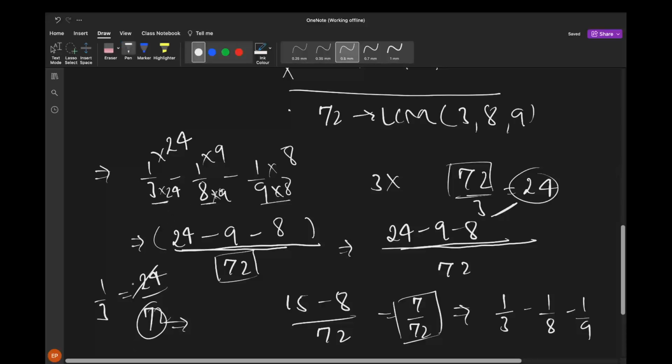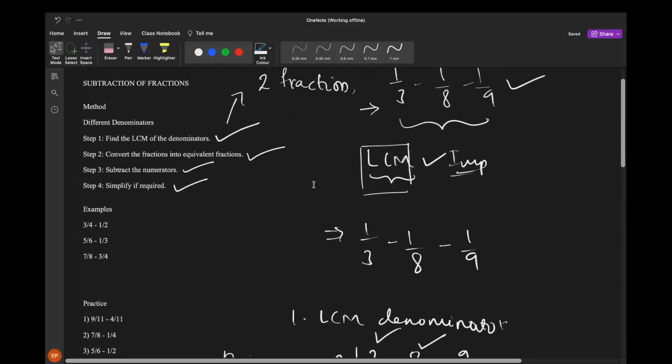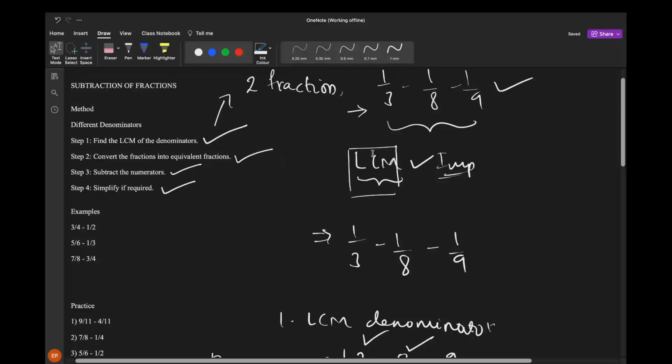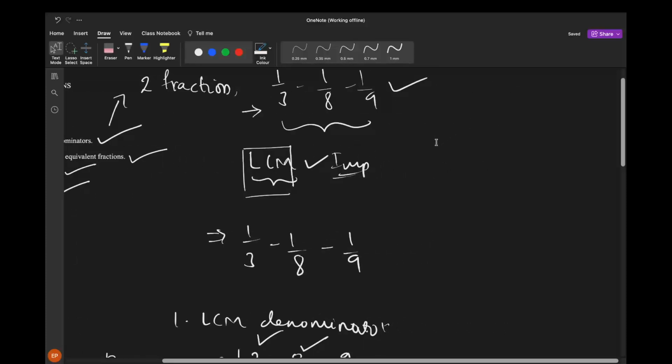So basically, 24 ones are 24, 24 threes are 72, again we will get 1 by 3 only. For simple calculation, we are converting using the LCM. All the denominators must be equal to the LCM of the denominators. That's it. These are the steps: find the LCM, convert fractions into equivalent fractions, subtract, simplify if required. Suppose simplify if required means I got the final answer as 4 by 8.